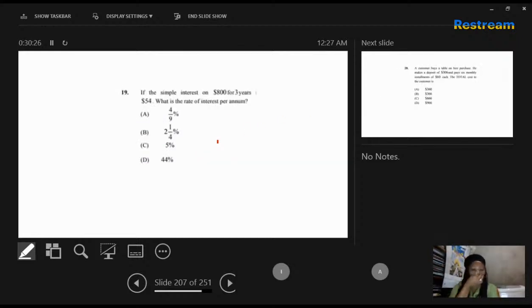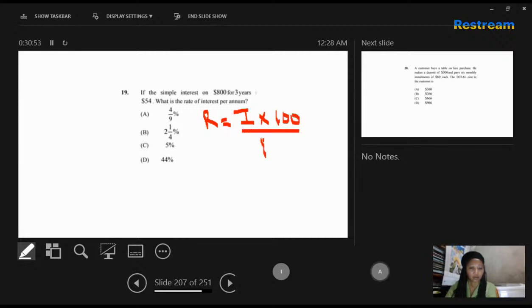Number 19. If the simple interest on $800 for 3 years is $54, what is the rate of interest per annum? The rate is simple interest times 100 over principal times time.